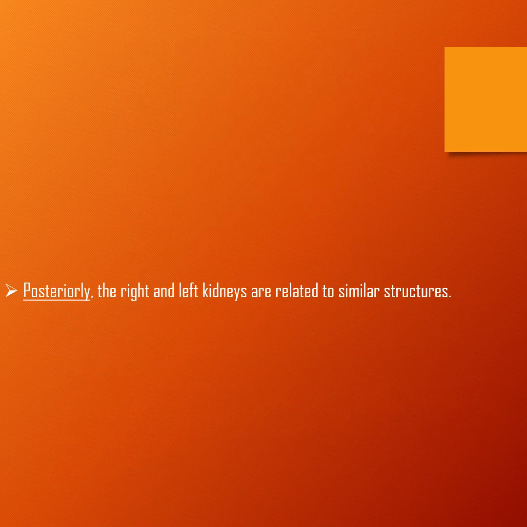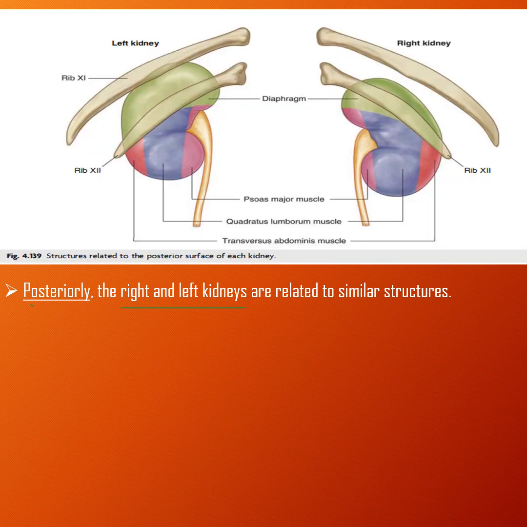Now we'll talk about the posterior relations of the right and left kidneys, as both are related to similar structures. This image shows the posterior relationships of the right and left kidneys.